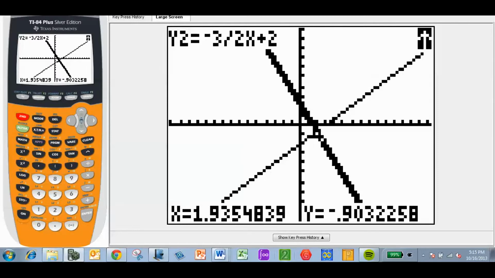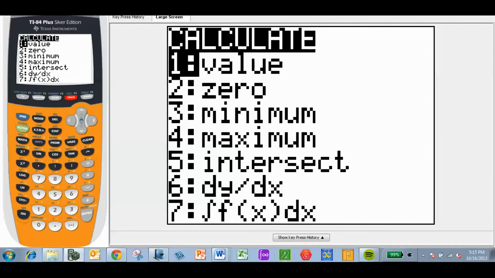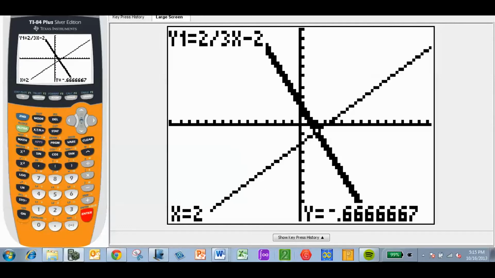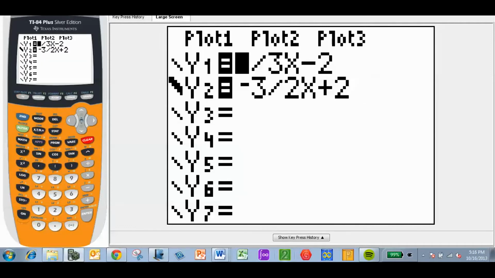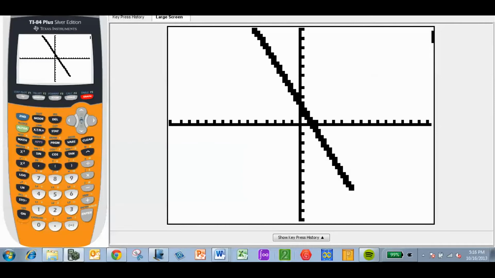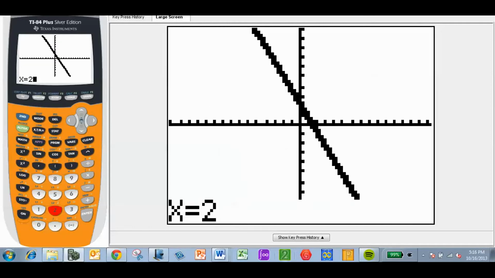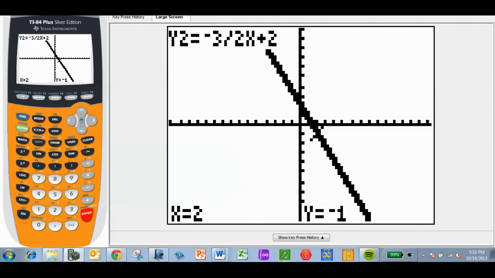Or you can go to your calculate menu, which is second trace, press value, and press 2. That'll give me the first one. And if I go back to this thing, press second trace, value, when x is 2, y is -1. So I confirmed it a bunch of different ways there.